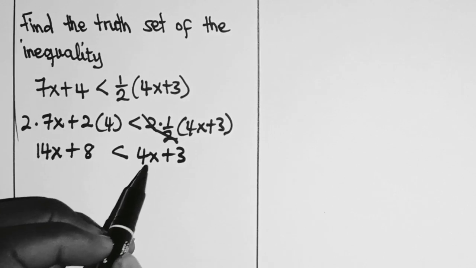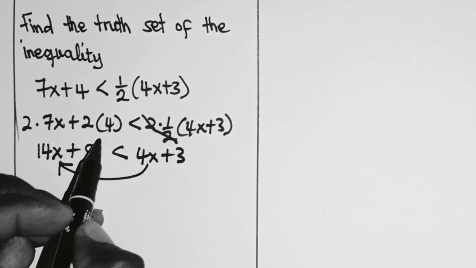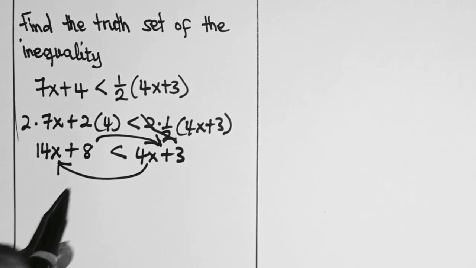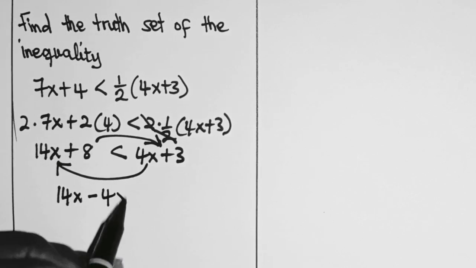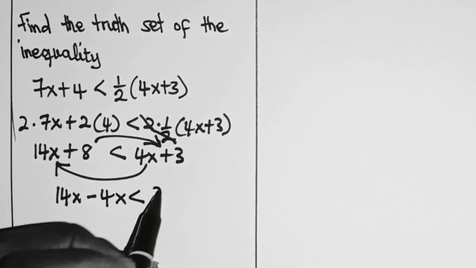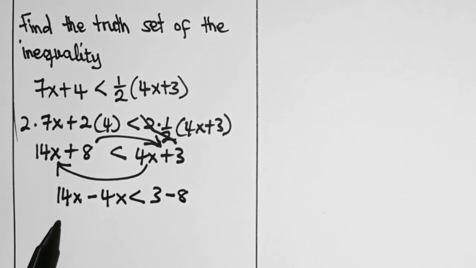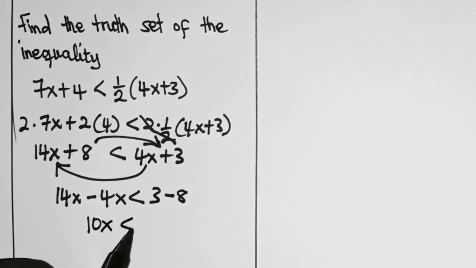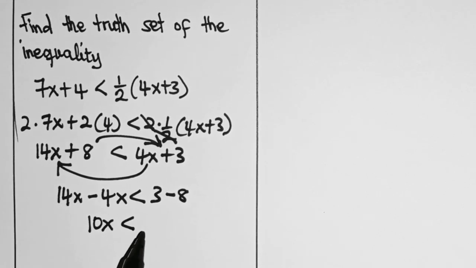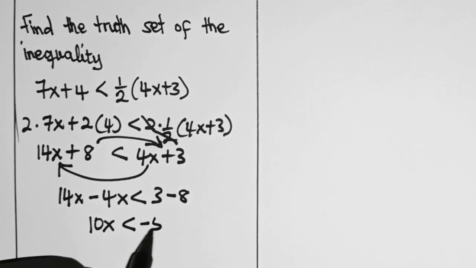So if we group like terms by taking 4x to the side and taking 8 to the side, we have 14x minus 4x less than 3 minus 8. So 14x minus 4x becomes 10x less than 3 minus 8 is minus 5.